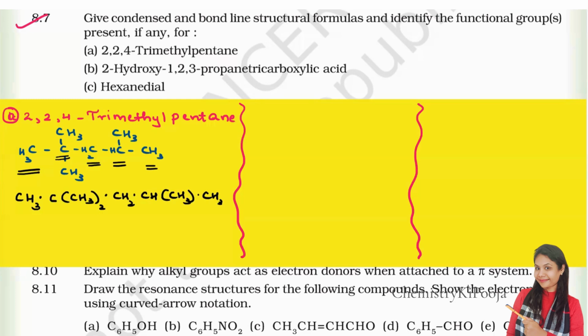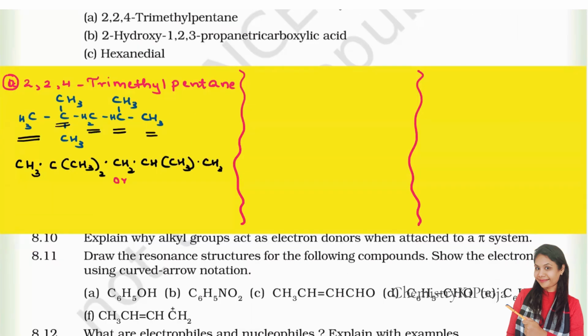Now, this particular structure, I can also write in a different way. Since we have this carbon atom, it is connected to 3 methyl groups. So instead of this, I can write carbon and it has a CH3 group 3 times, right? So I can write it in this way.